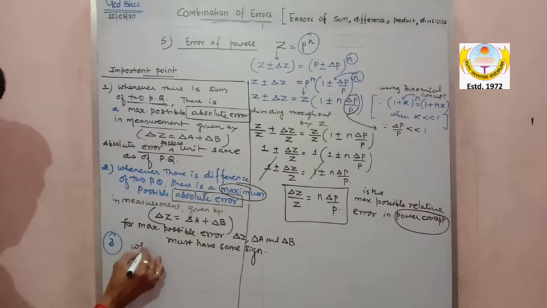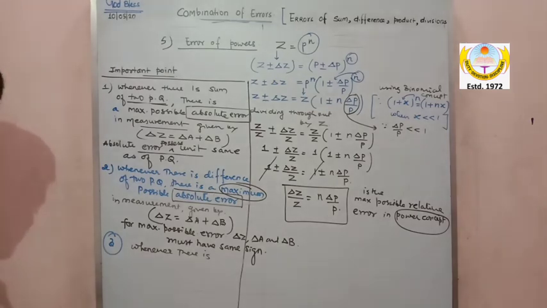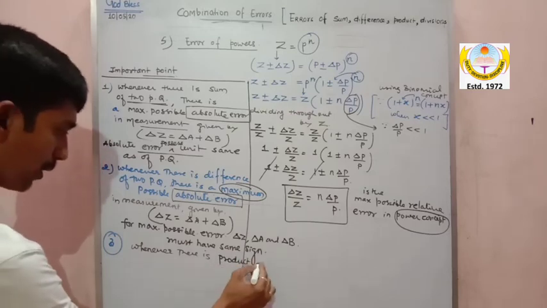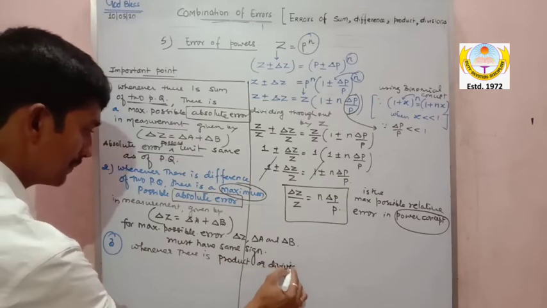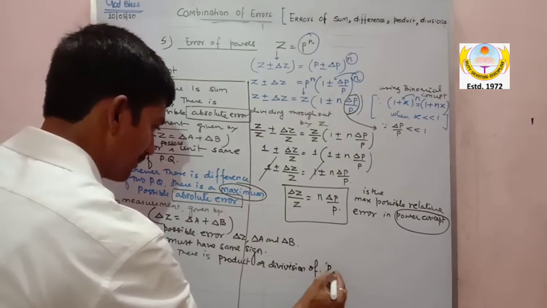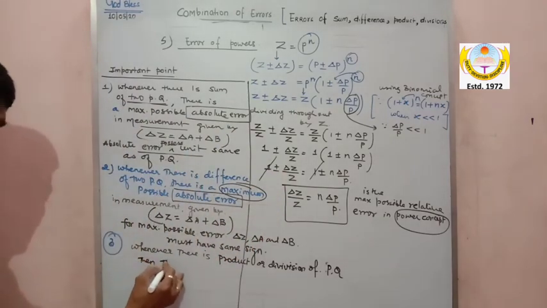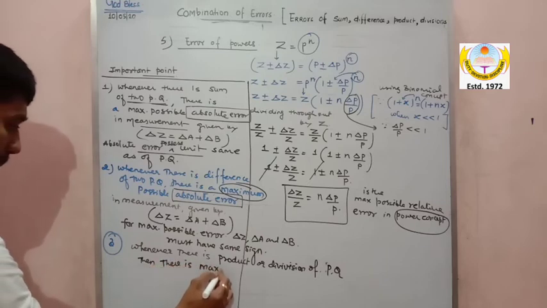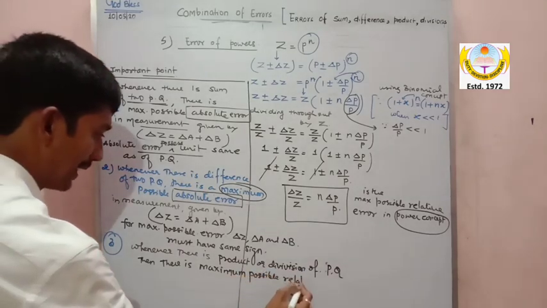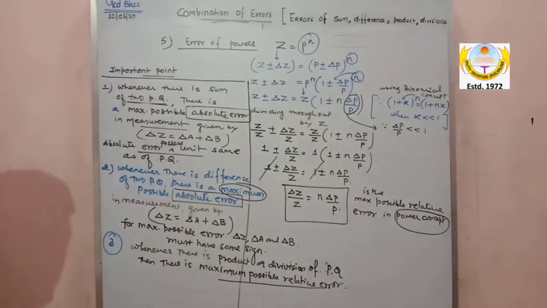Whenever there is a product or division of two physical quantities, not two, can be three also, of physical quantities, then there is a maximum possible relative error, my dear.